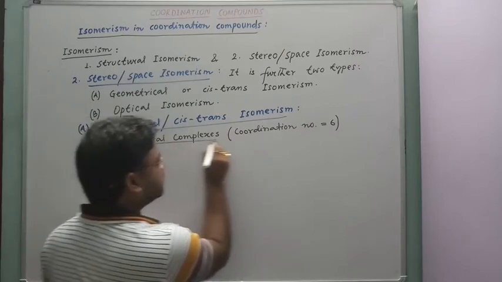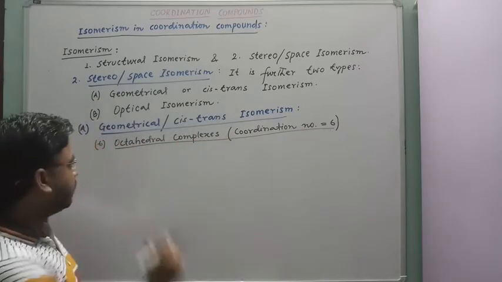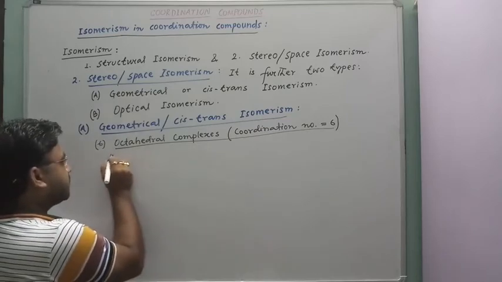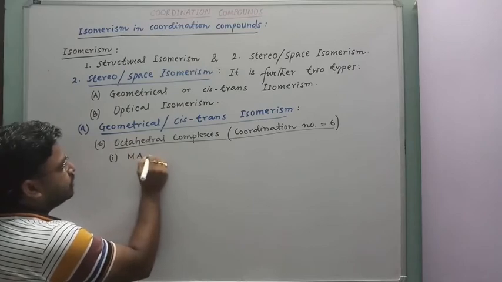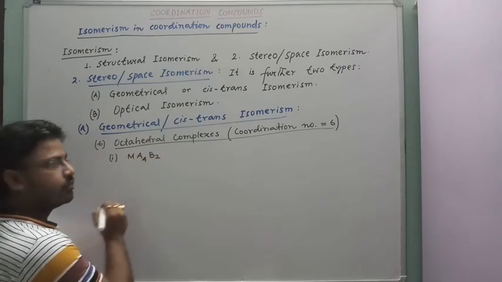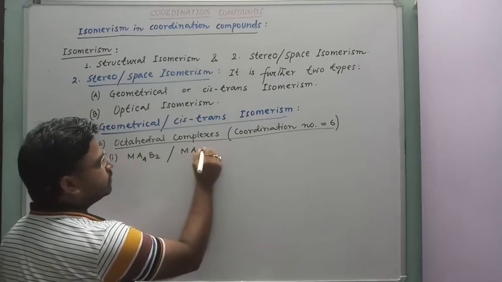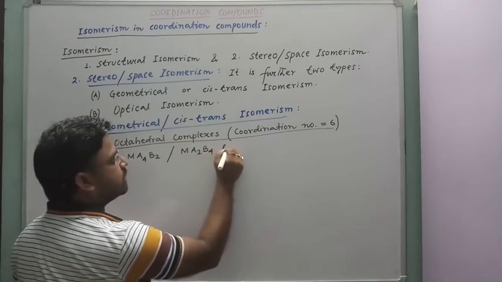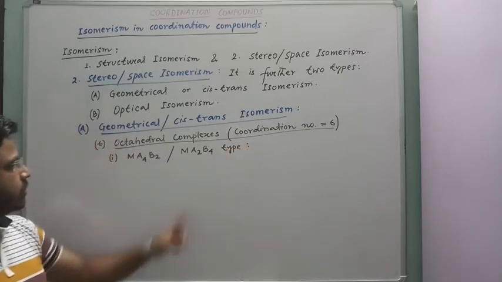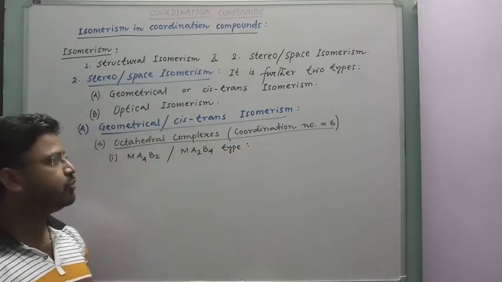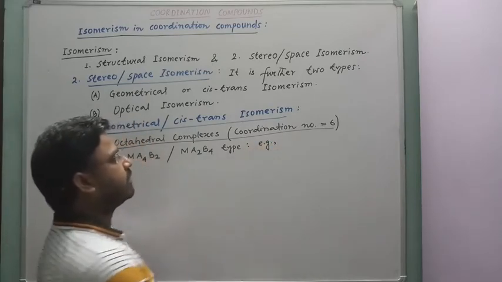In octahedral complexes, the coordination number is 6. So in octahedral complexes, the first type is Ma4B2, or we can write Ma2B4 type.